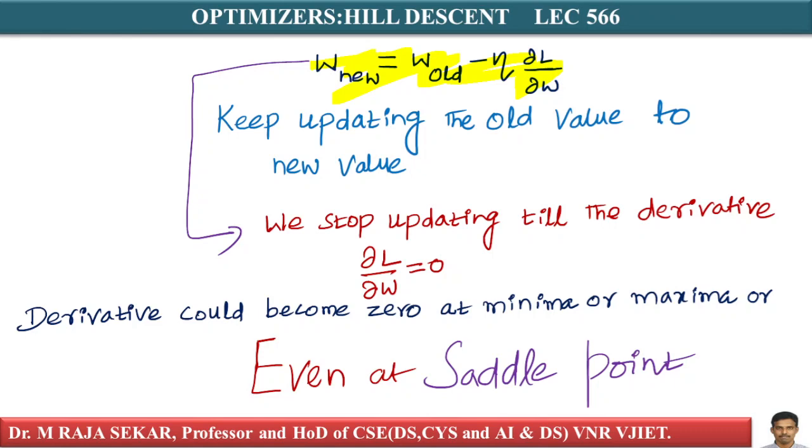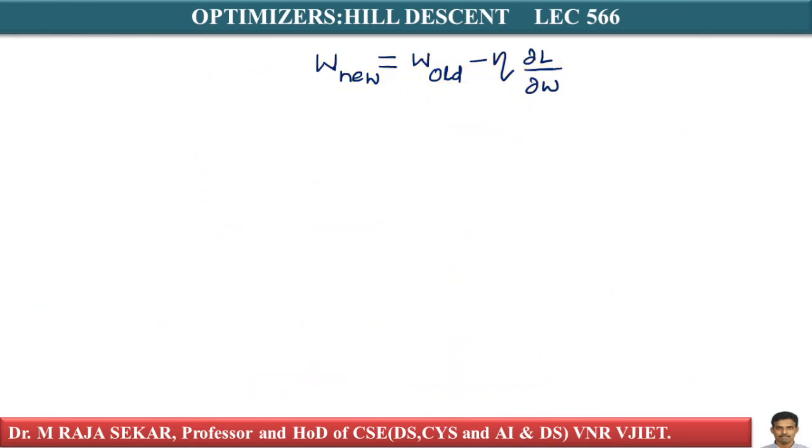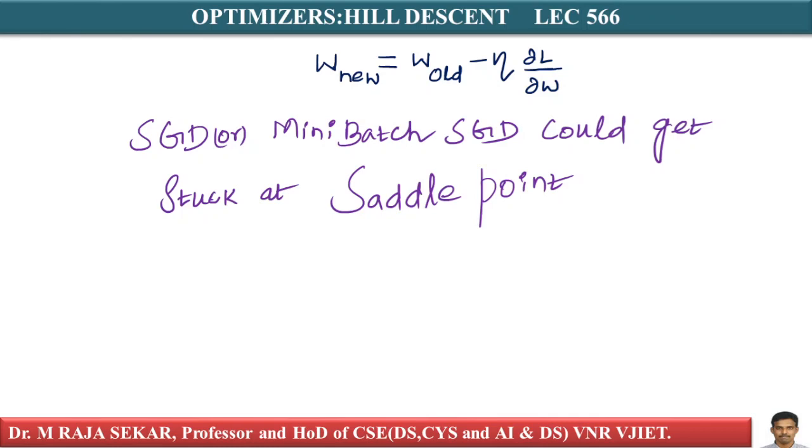So sometimes your simple SGD or batch SGD could get stuck at a saddle point, because at a saddle point this derivative becomes 0, which means there is no change between w new and w old, and when it does not change, you say it has converged.